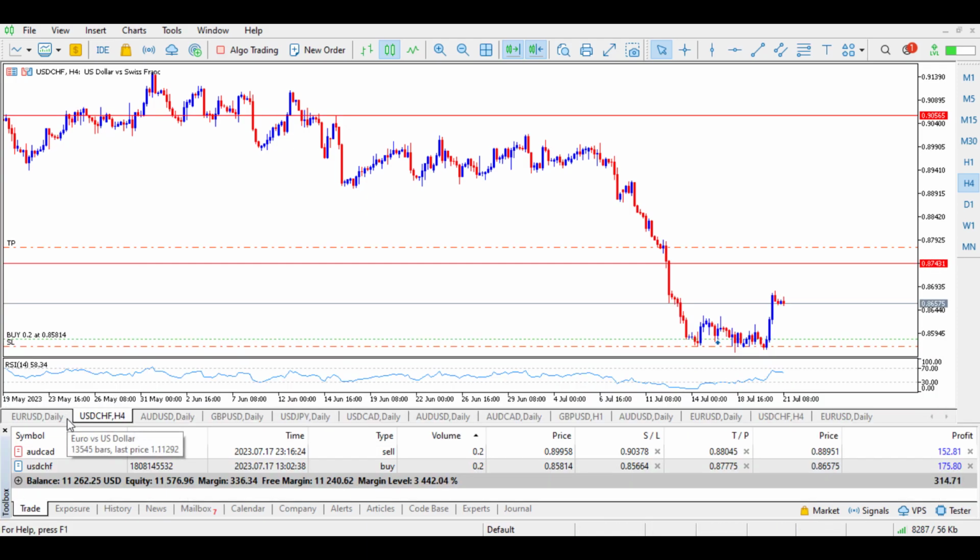One is the AUD CAD, where right now I'm in 152 US dollars profit, and another one is USD CHF, where I'm in 176 US dollars profit, but you see that the profit keeps changing. Altogether I'm in 317.20 US dollars profit right now. So you see that with very small trade amounts, in very small volume, I'm in a good profit now.